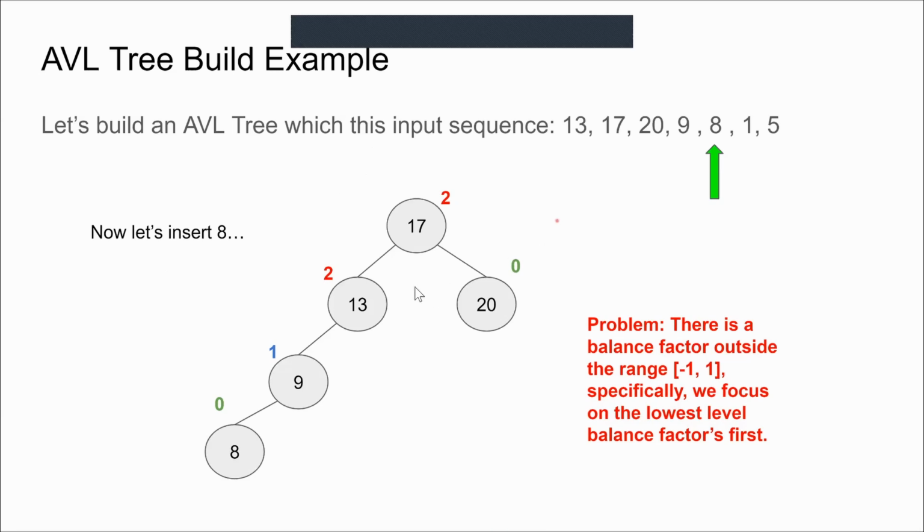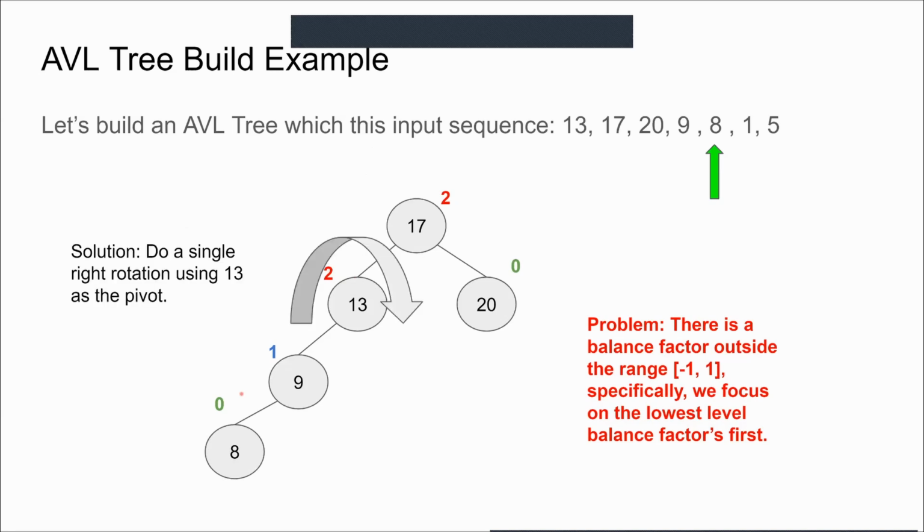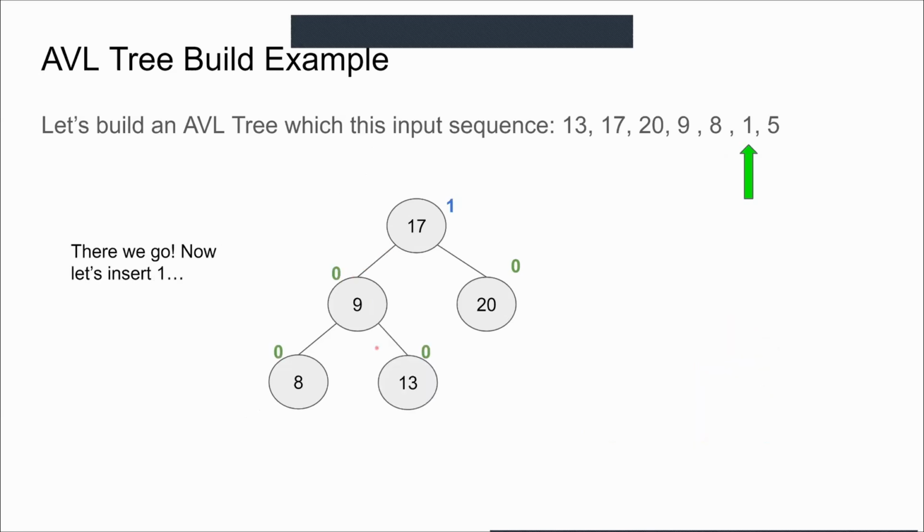If we just get rid of this 17 in our head, we see 13, 9, 8. It resembles our left case, which means we need to do a single right around that. If we pull 13 down, and don't connect 17 and 20 in your head at all, we're left with 13 pointing downward, 9 in the middle, and 8 there, and our tree is balanced again.